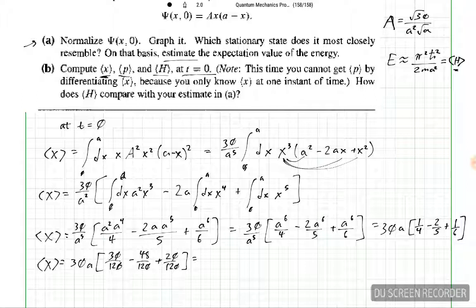So then that gives me negative 18. So 30 minus 48, negative 18, 20 minus 18 is 2. 30 and 120, that's going to just turn into 1/4, so I get 2 over 4, or I get a half.